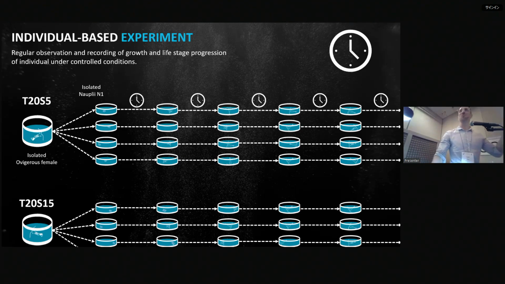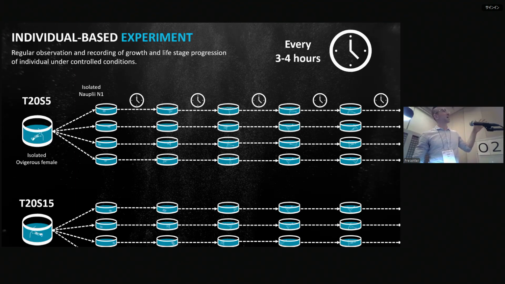And we were dealing with a tropical species, so definitely our frequency of observation was every 3 to 4 hours. If you have done this experiment, you have an idea of how intense this is.